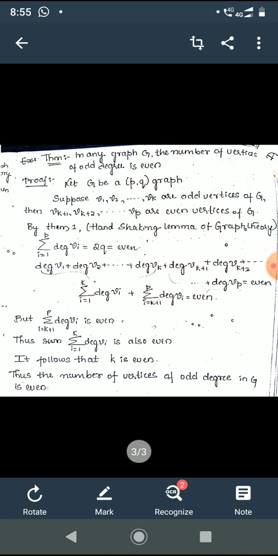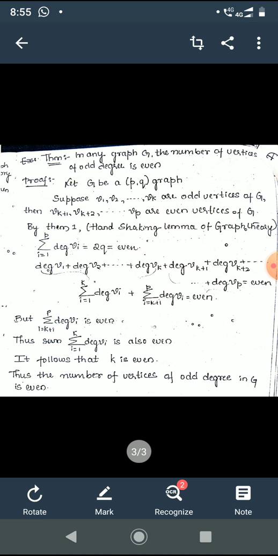But the summation of degree of Vi, i equal to k plus 1 to p, is even, because their degrees are always even, and the sum of even numbers is even only.